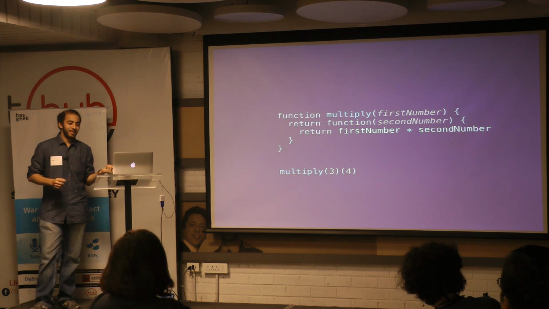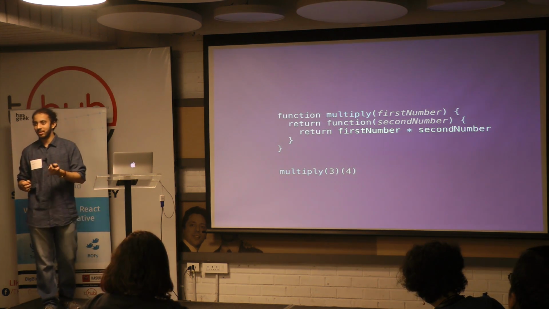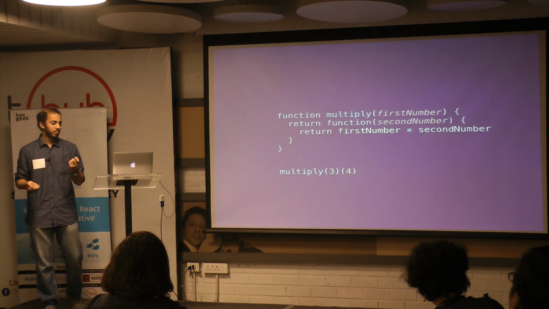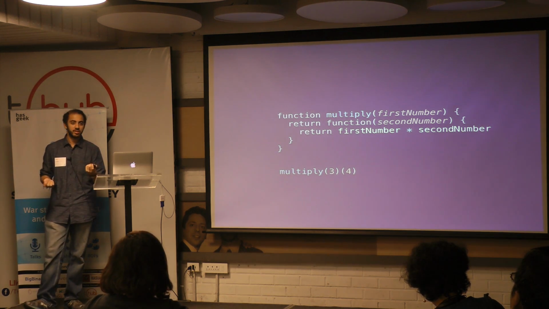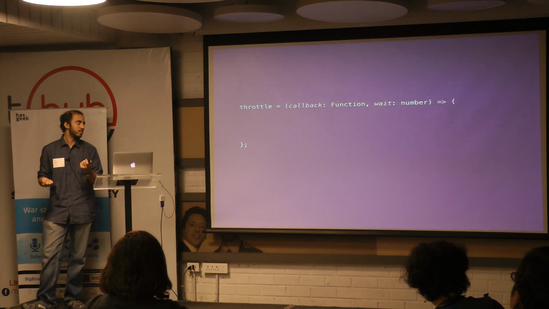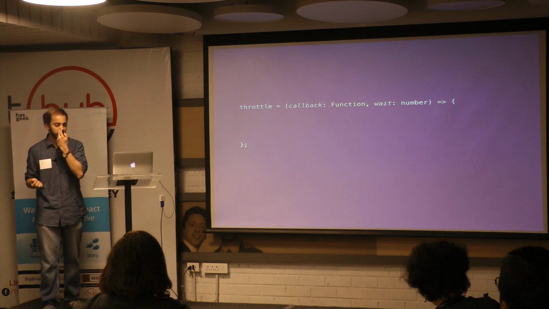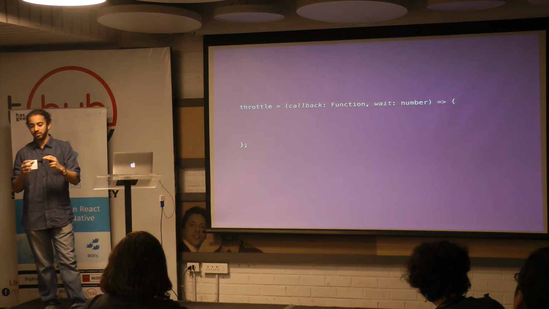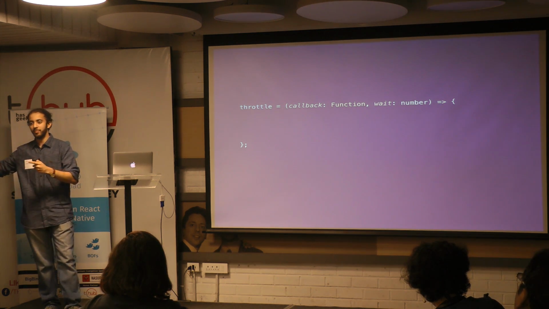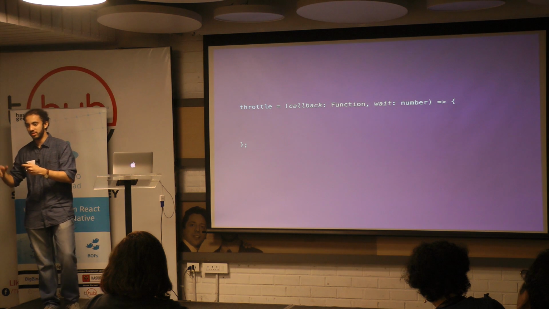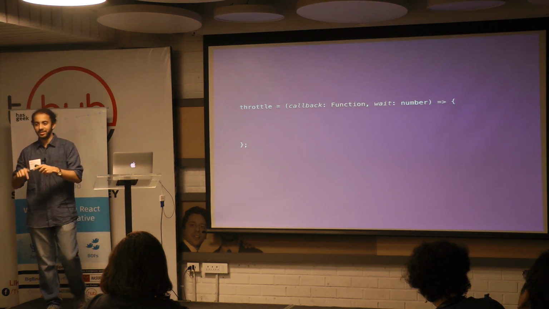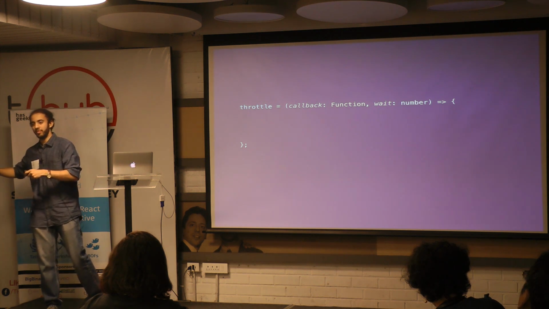A real world example of a higher order function is a throttle function that you write. So what is throttling basically? If you have a search box, and as you're typing you're making an API call to some search, say Elasticsearch or whatever, you don't want that as I type each alphabet, I make like 10 API calls.